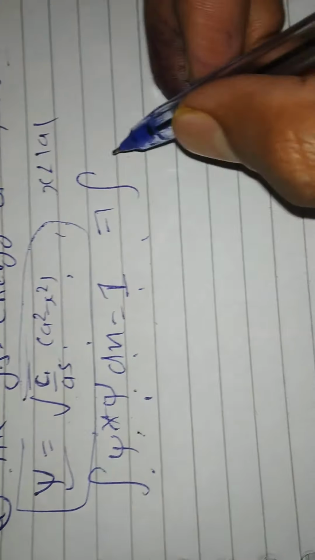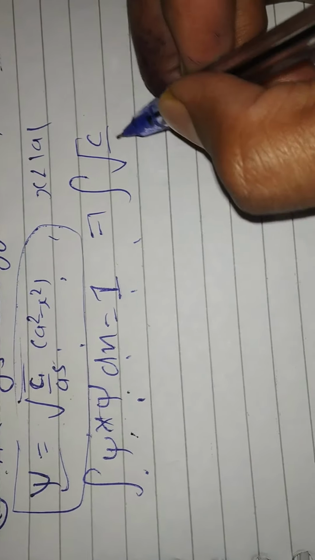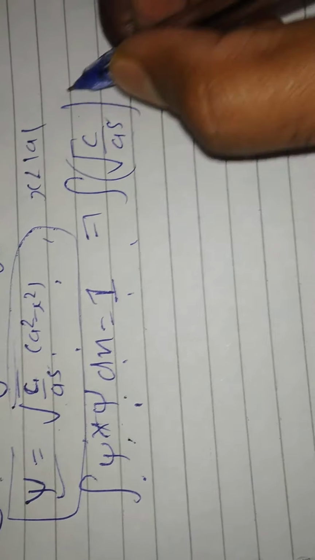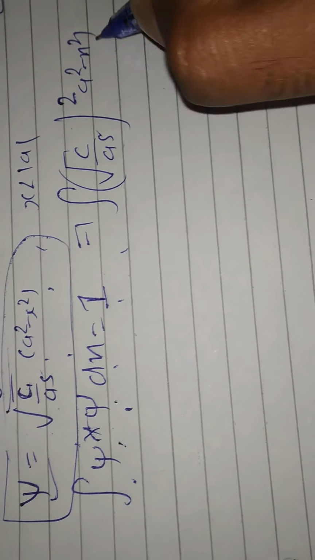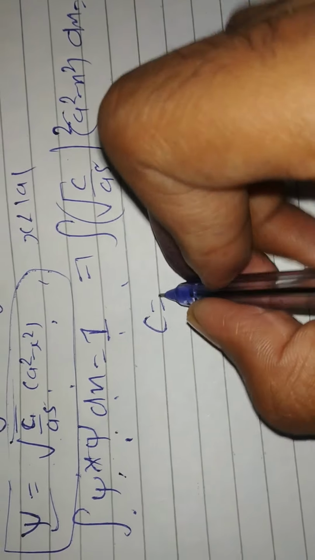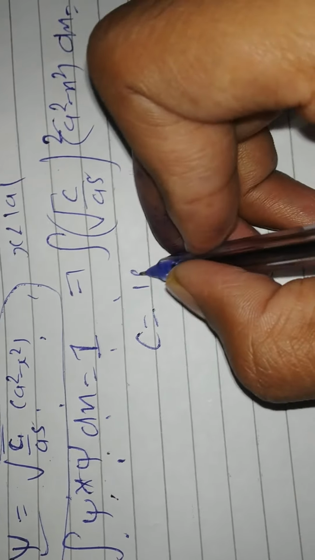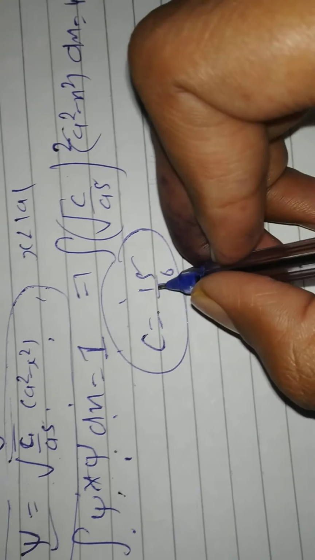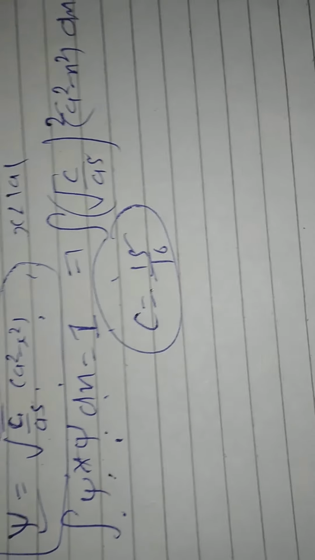When you solve this square, integral dx equals 1, after solving you will get the value of C as the square root of 15 upon 16 a^5. That will be the normalization constant value.